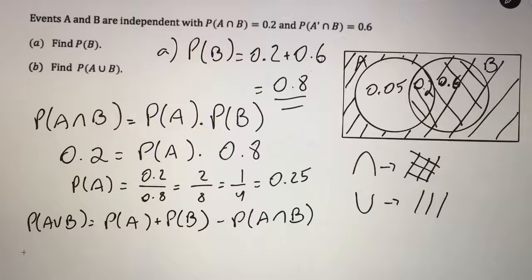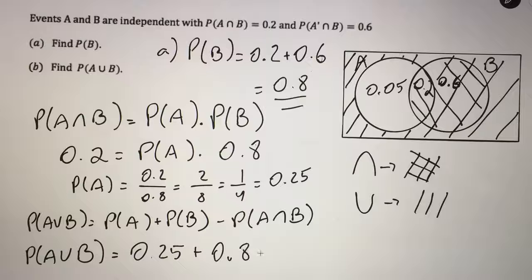So the probability of the union is the probability of A, which I now know to be 0.25, plus the probability of B, which I found to be 0.8, minus the intersection, which is 0.2. That's going to give me 0.25 minus 0.2, 0.05, plus 0.8 is 0.85.